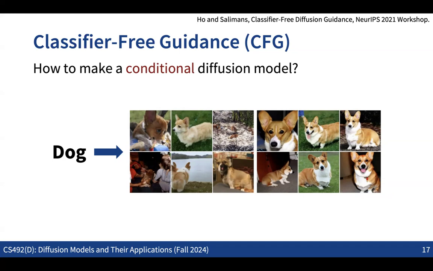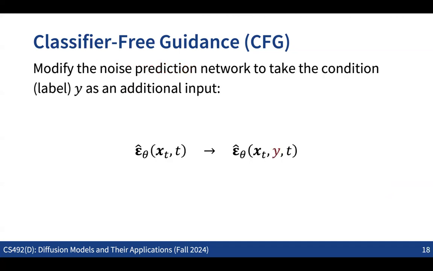Given this kind of condition, how can we make images based on it? You will see that it's basically a matter of injecting this input into our denoising predictor, and there can be tons of ways to have this additional input.